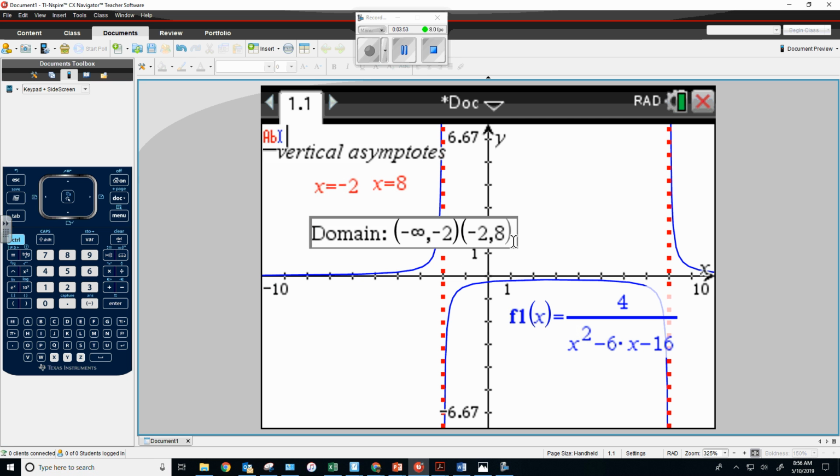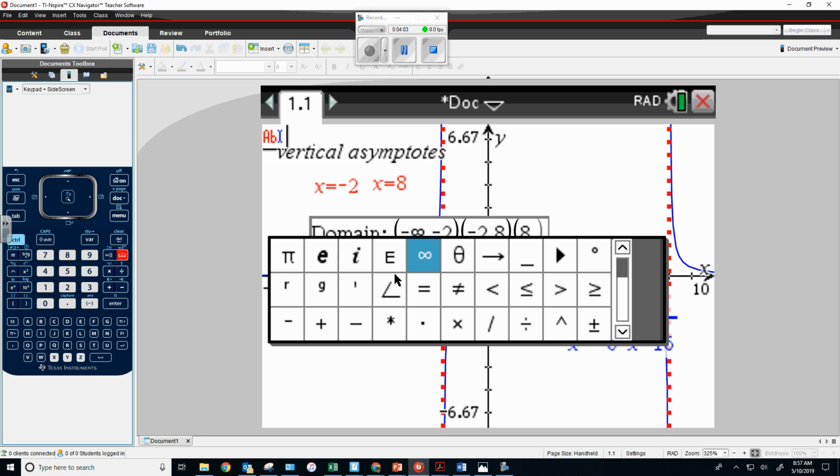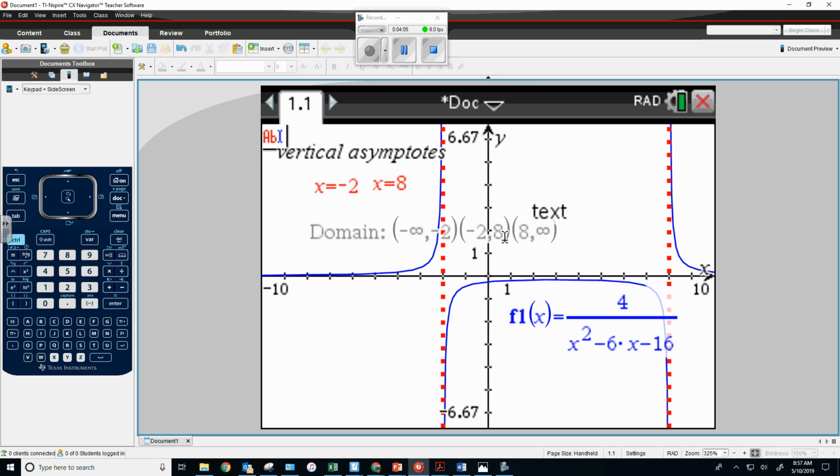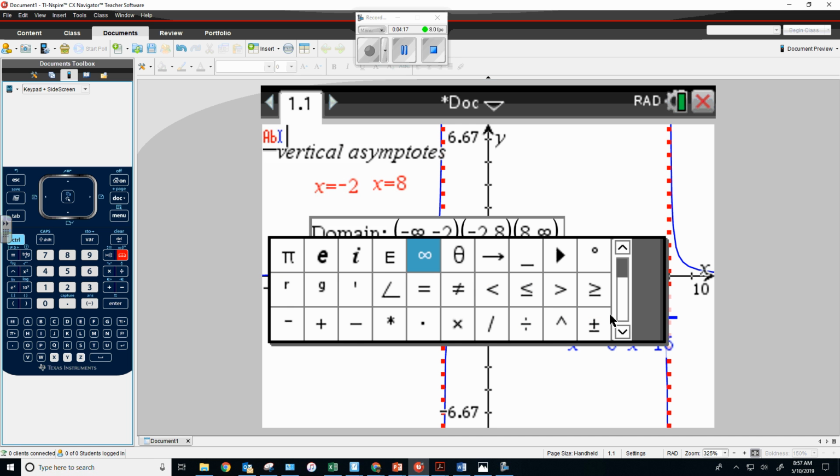And then the third part is from 8 to +infinity. And we got this from using the vertical asymptotes. And since we need all 3 of these pieces together, then I'm going to use the union symbol.